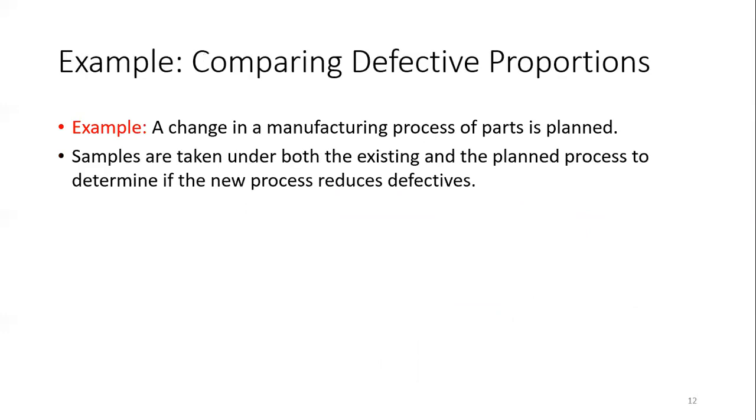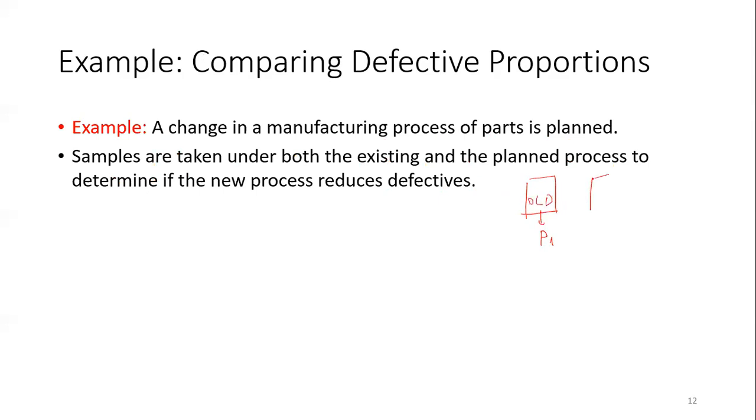Let's make an example of this so that it becomes clear in your head. A change in a manufacturing process of parts is planned. Samples are taken under both the existing and the planned process to determine if the new process reduces defectives. So you have a current process with a proportion of defectives, let's say P1, and this is the old process.